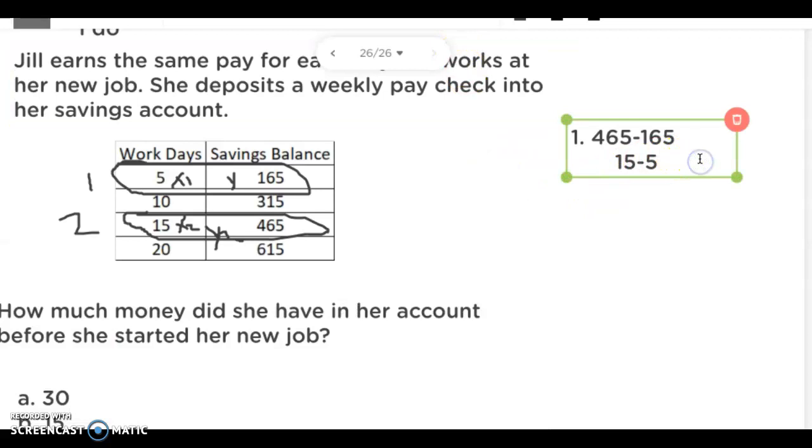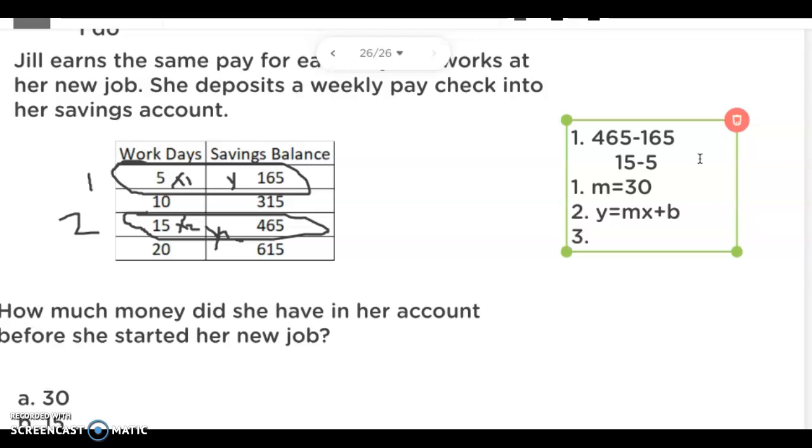So 1, m equals 30. 2, I asked you to write the equation, y equals mx plus b. 3, plug the slope into the equation, y equals 30x plus b.